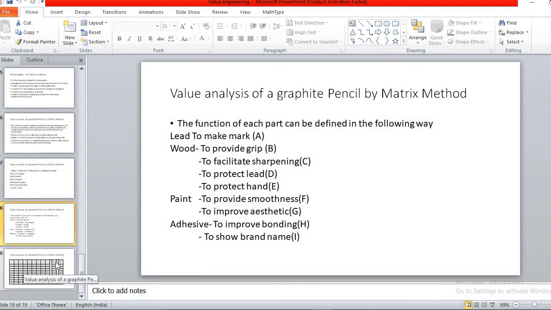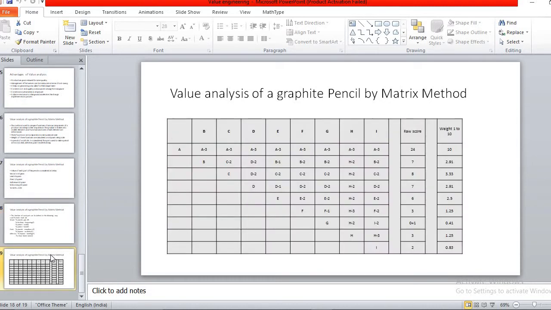So this is a value analysis matrix method table, or we can say that it is a matrix having different functions.